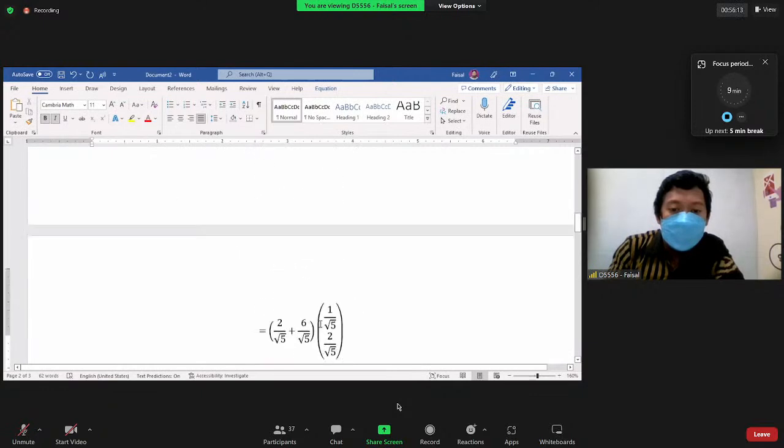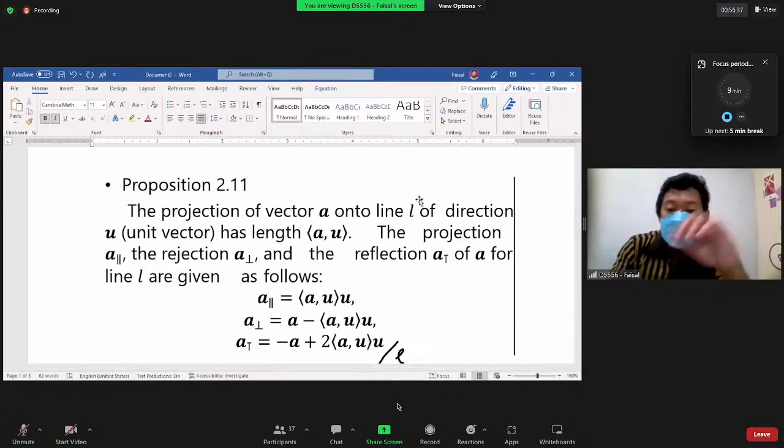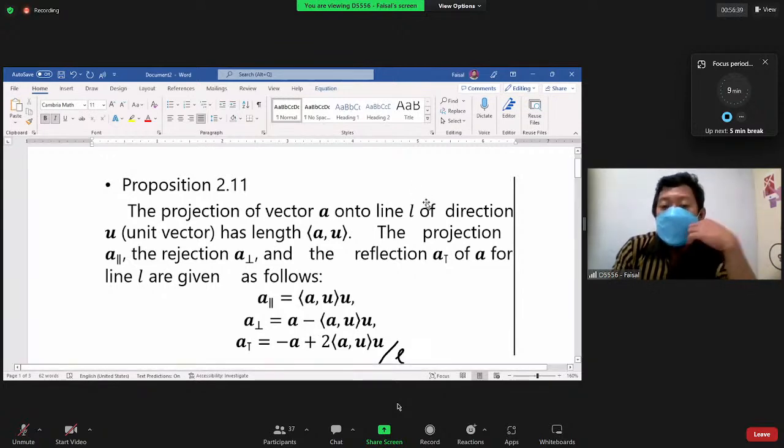How we know the projection is the inner product with U, you can see in a linear algebra course, and the rejection, A minus the projection, is just from the rule of addition of two vectors.